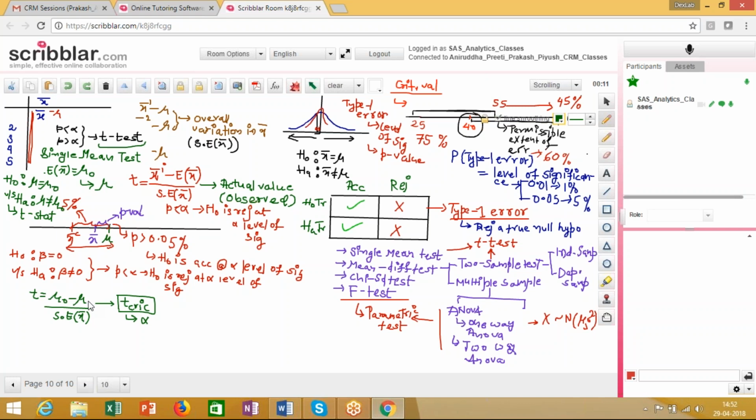So that is the critical. So basically if the actual statistic is greater than the critical difference, what it means is that the actual probability of committing the type 1 error P will be less than the critical level of the maximum permissible error.